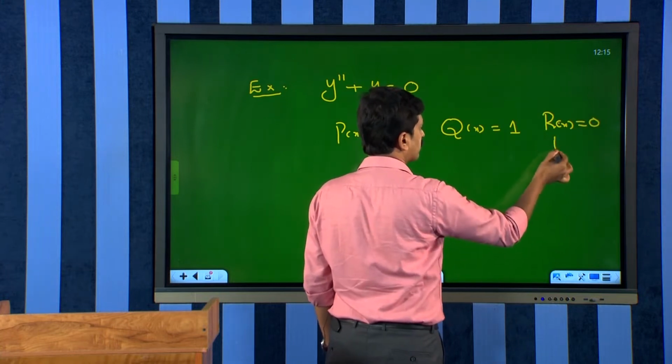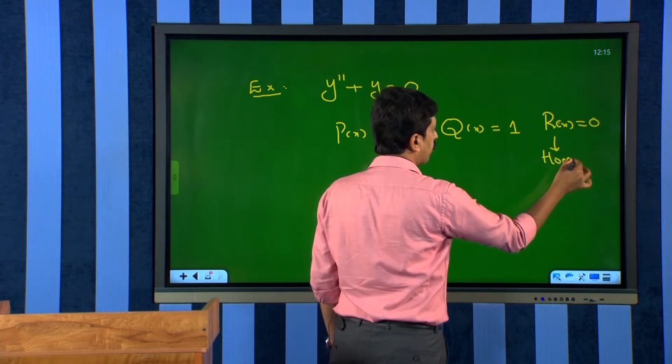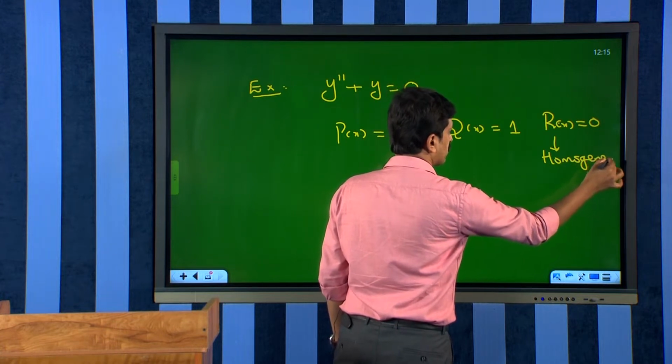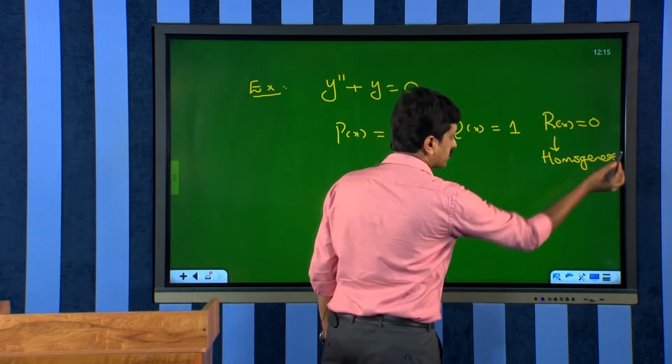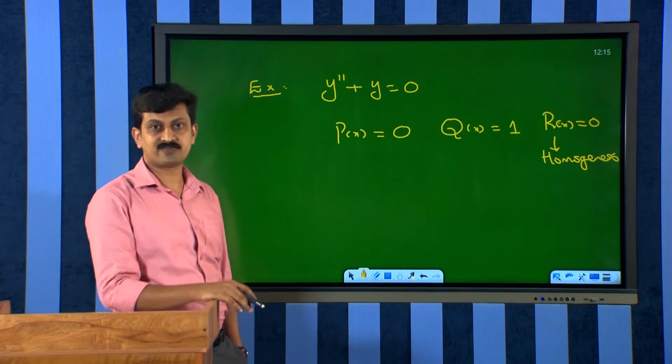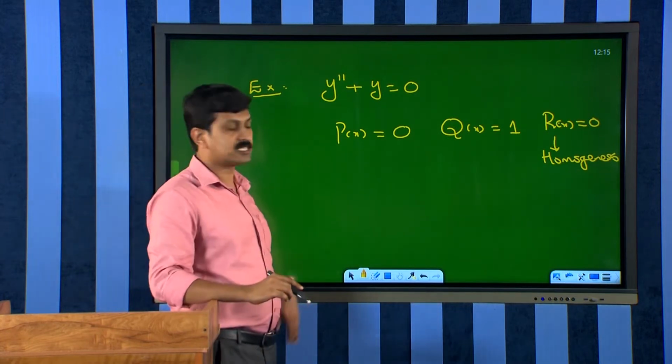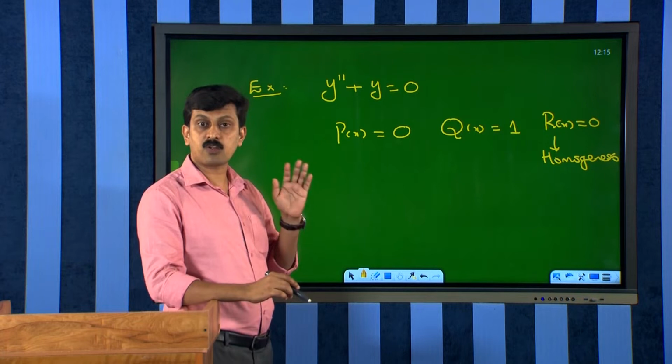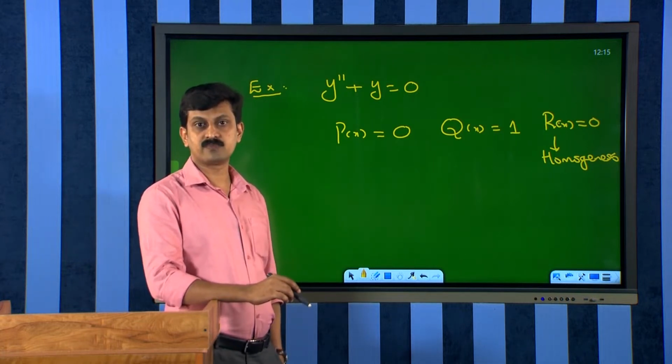Since r of x is equal to 0, the equation is homogeneous. So, my dear students, this is a second order linear homogeneous differential equation.